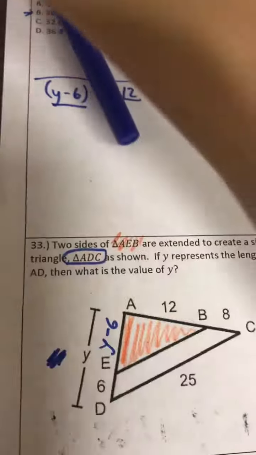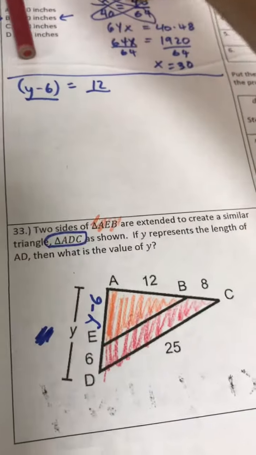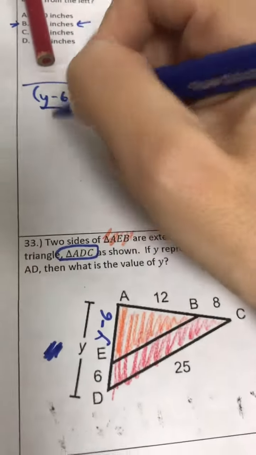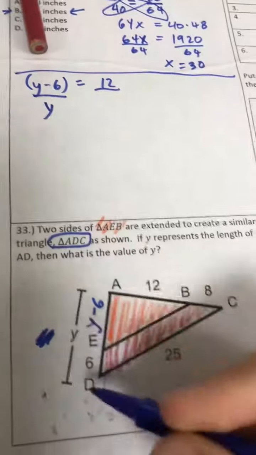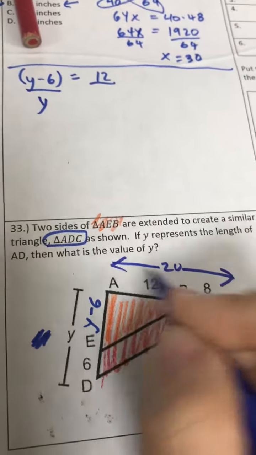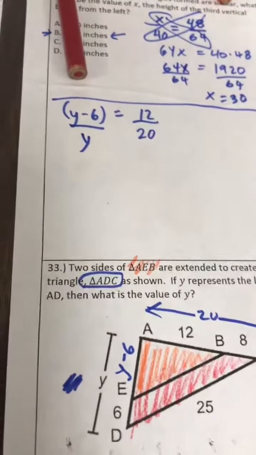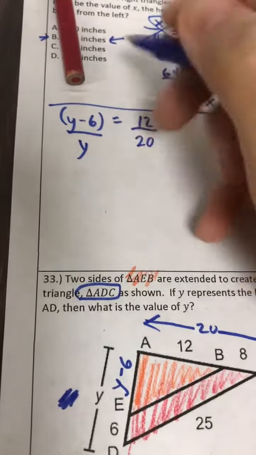And now looking at the mom, I'm just going to focus my eyes on the whole triangle now. We're told this whole side is y, that one's smaller, and this whole side has to be 20. The whole side of mom is 20. So I listed those least to greatest. Okay, now I'm just going to cross multiply to solve.